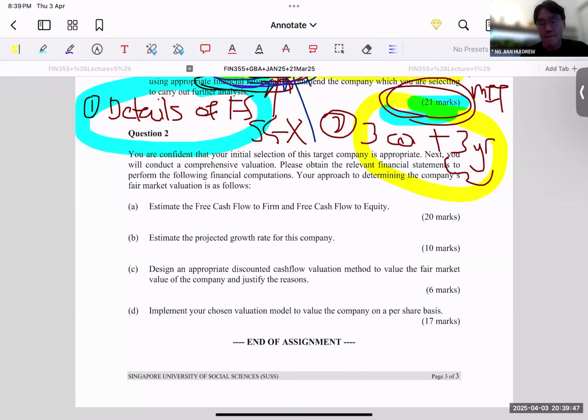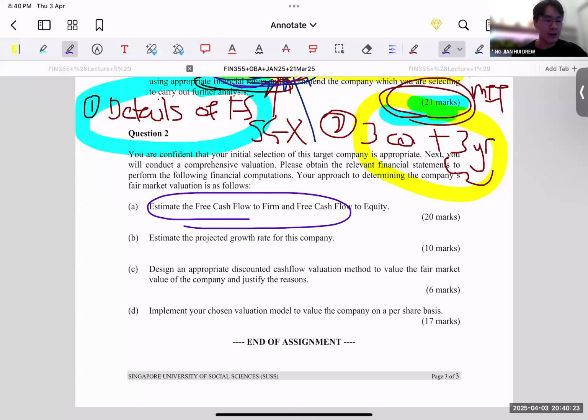However, as you probably already know, most of the time the markers, it can be other markers, not me, generally mark based on comparison. Let's say, hypothetically, we have a group or individual that did the discounted cash flow value. Let's say you use the free cash flow, FCFF.